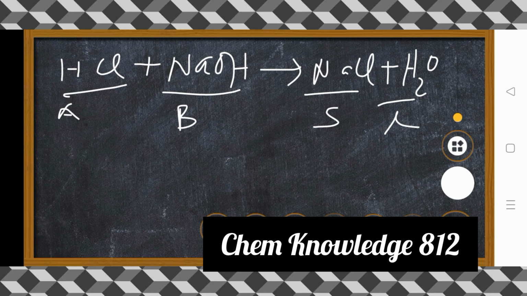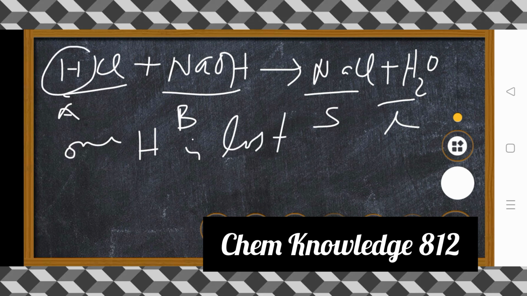Here one hydrogen is lost, only one hydrogen lost by HCl, and by the reaction of HCl we get sodium chloride and water.